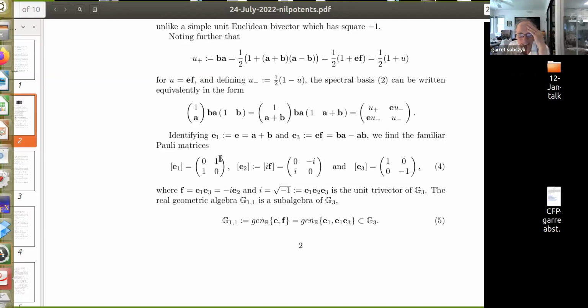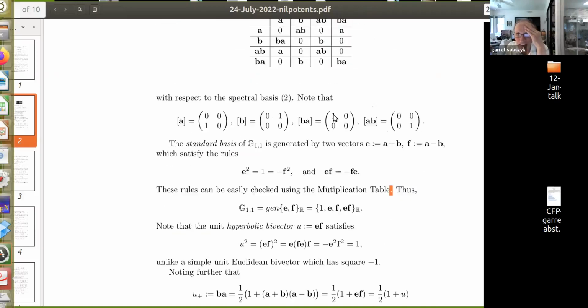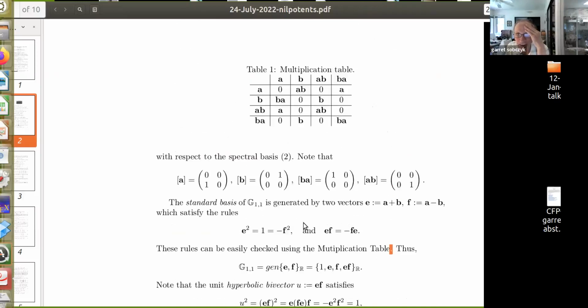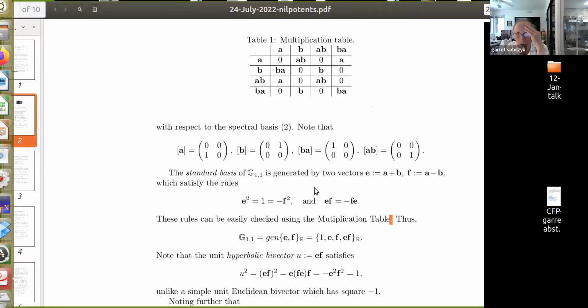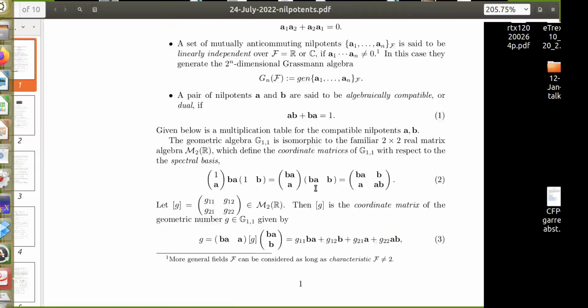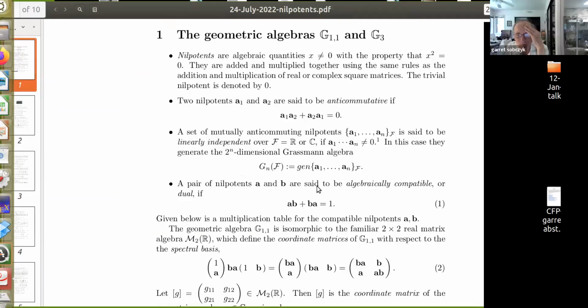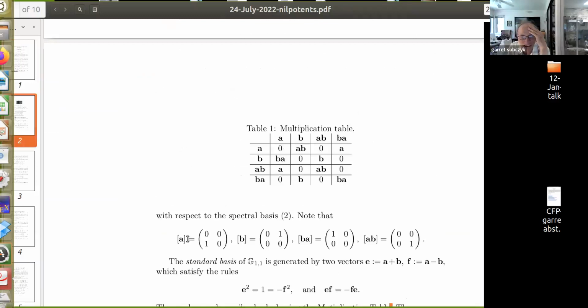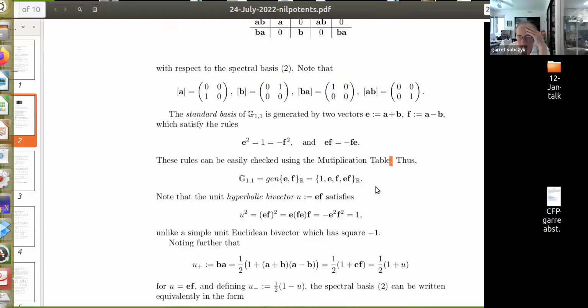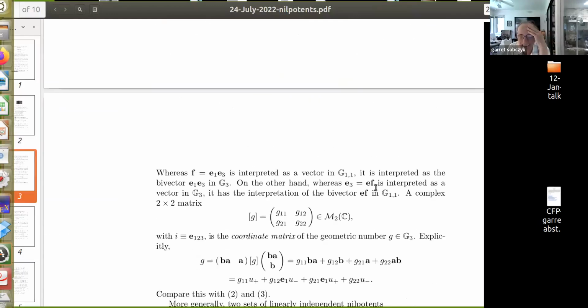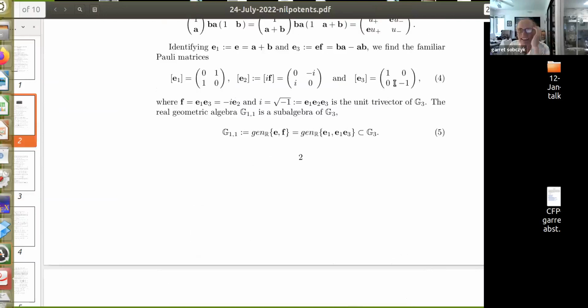Well, E1 is the Pauli matrix, E2 is I times F. Remember F, okay, where is F here? A minus B. Yeah, A minus B. Well, okay, here's A and here's B. A minus B is 1 minus 1 then. And you multiply that by I and you get E3.